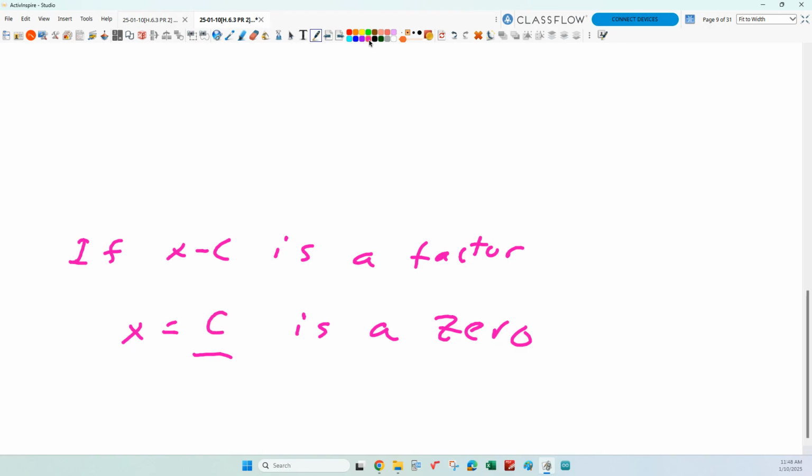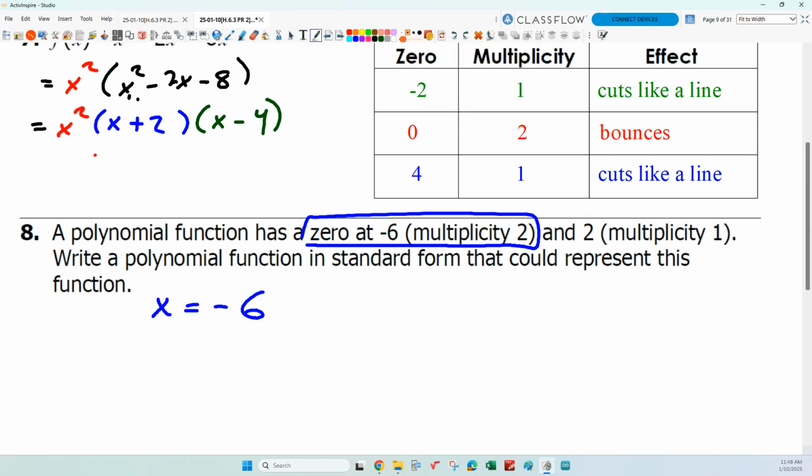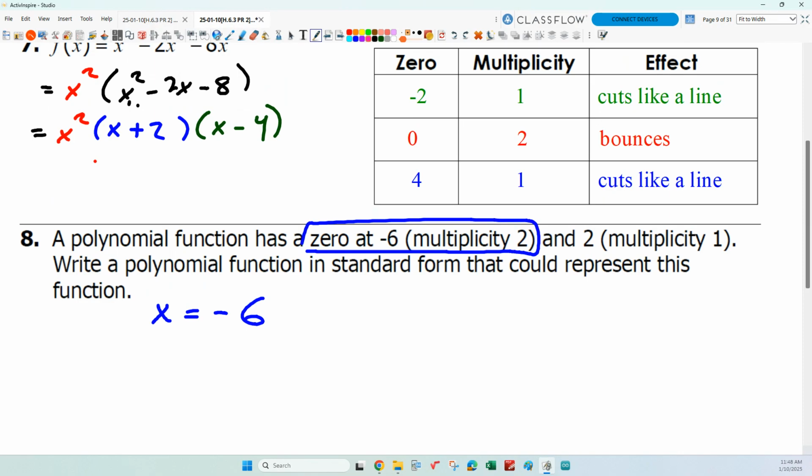Because if I said x minus c equal to 0 and solve, I get x equals c. Work backwards, right? If c is a 0, then x minus c must be the factor that goes with it. Okay, we'll use that trick. If negative 6 is the 0, then x minus negative 6, which is the same as x plus 6, is the factor. Everybody see that?